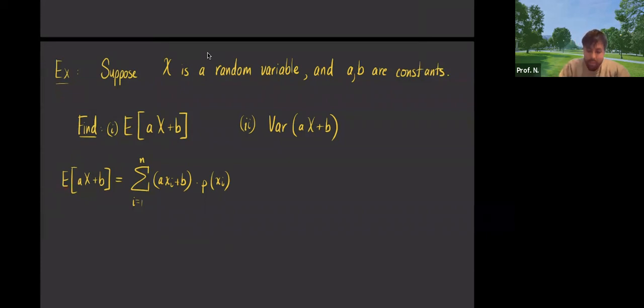And then what can I do here? Look at the algebra that can be applied here. Something very similar to what we did earlier. I can distribute, and I have the summation as i goes from 1 through n of a times x_i times the probability of x_i, plus b times the probability of x_i.